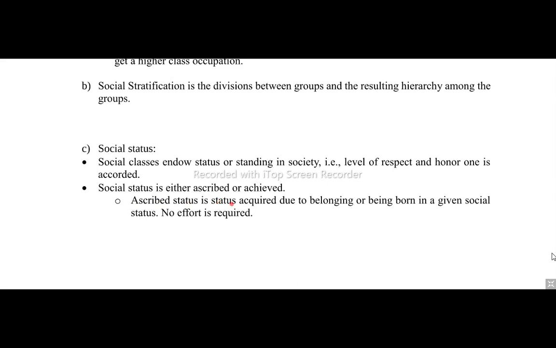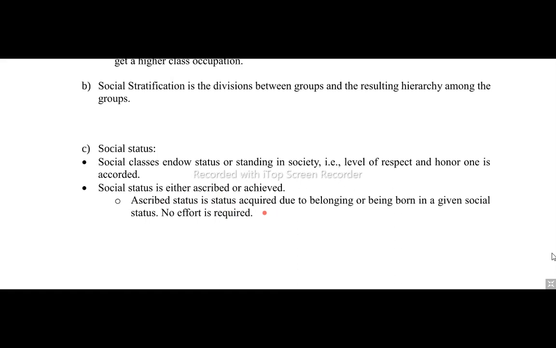Social status is either ascribed or achieved. Ascribed status is status acquired due to belonging or being born in a given social status. No effort is required.